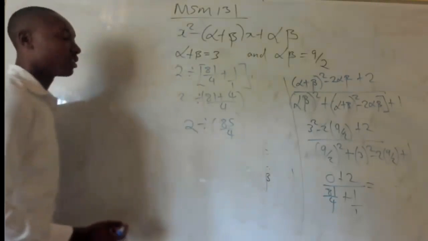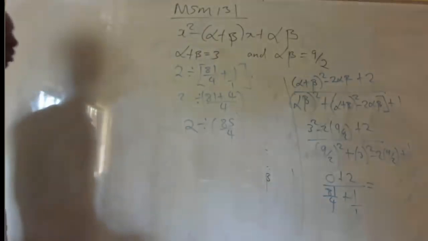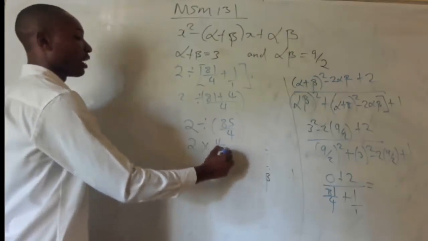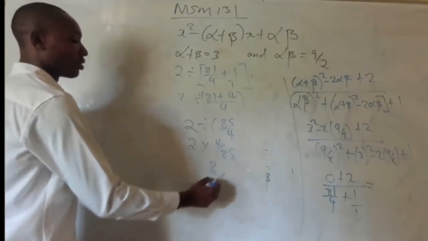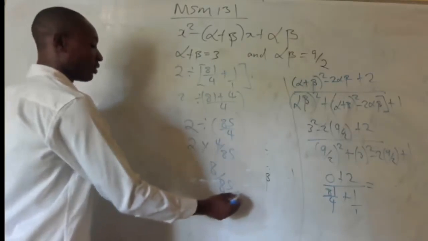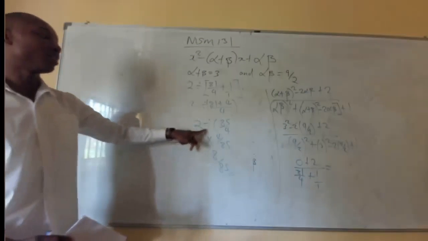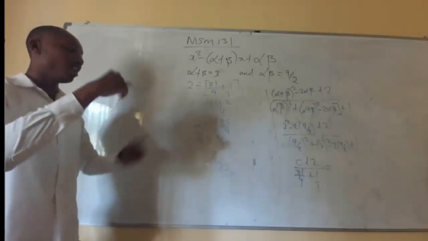Now we know that from your previous knowledge, division changes to what? Multiplication. So this is the same as 2 times 4 over 85, okay, which is just 8 over 85. So from your previous knowledge, division changes to multiplication, then whatever is on the right flips.